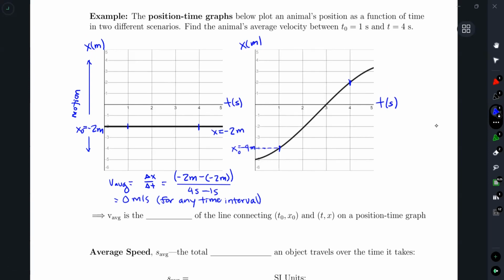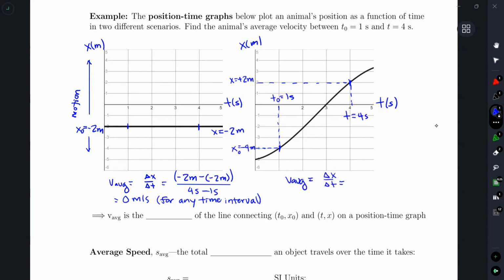Okay, what about the final position, meaning the position at 4 seconds? +2. Yep. All right, so what is, let's see, so the initial time was 1 second and the final time was 4 seconds. So what is the average velocity in this case?